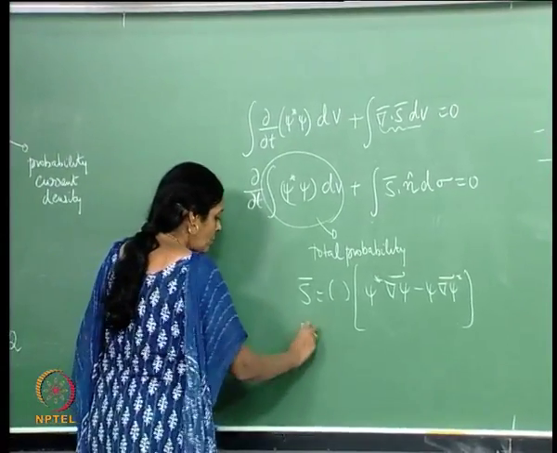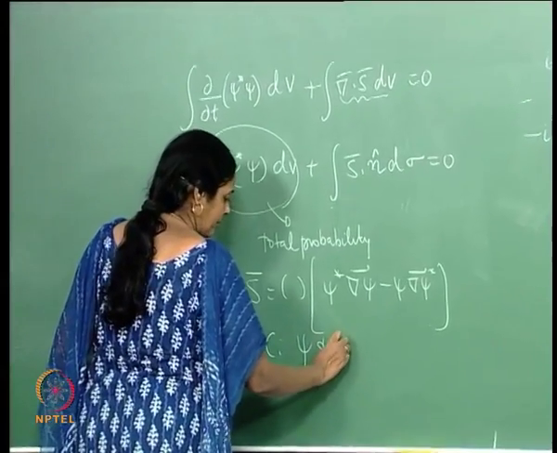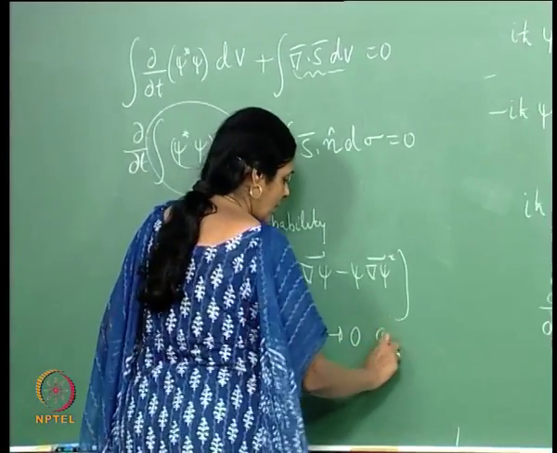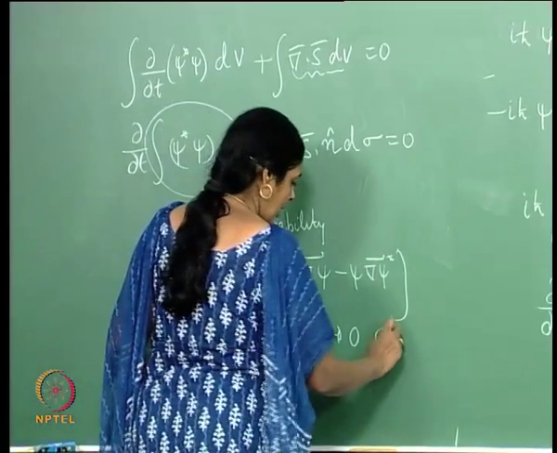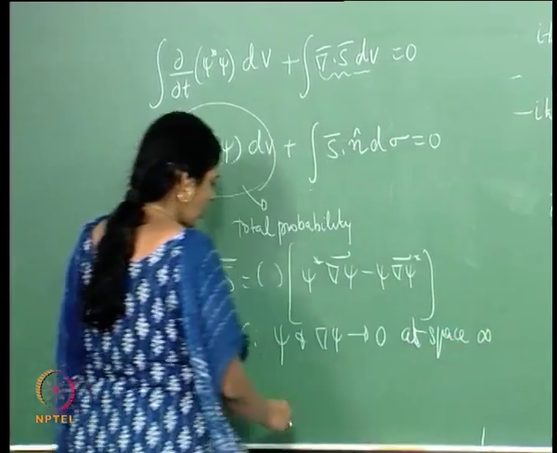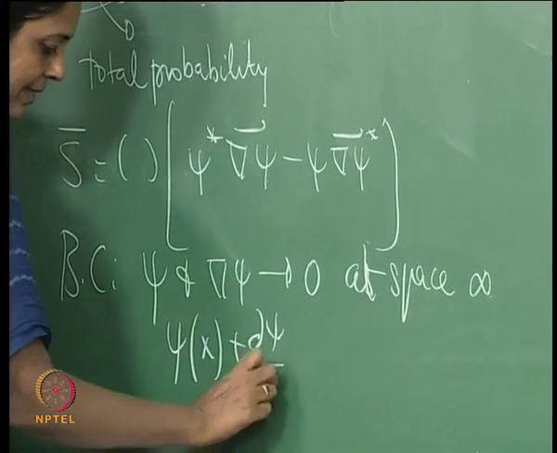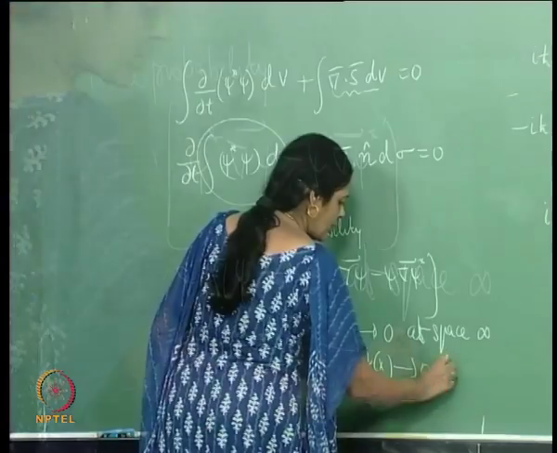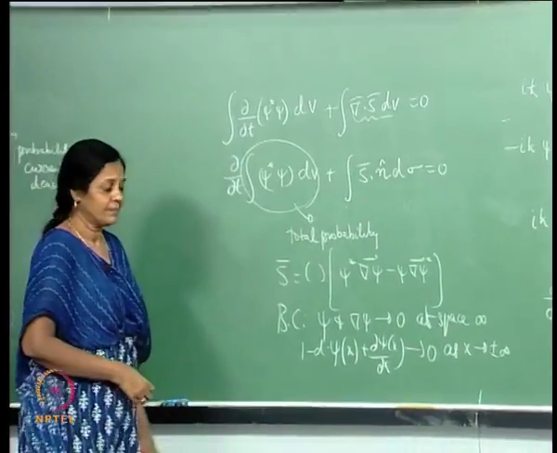equation. The boundary conditions are the following: the wave function and the derivative go to 0 sufficiently fast at space infinity. So in one dimension, psi of x and delta psi by delta x go to 0 sufficiently fast as x goes to plus minus infinity, and so on.